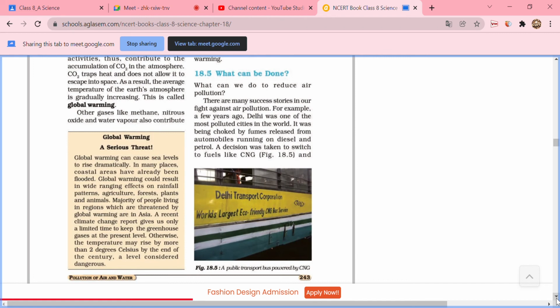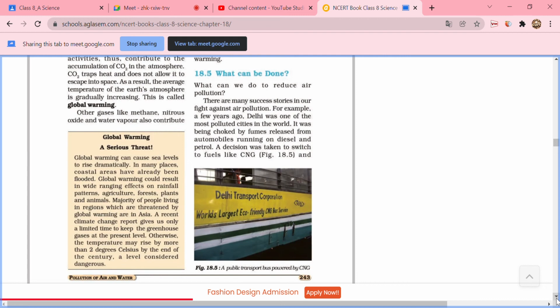Now we have seen more snowfalls are occurring in places of North America, but some places are having drought. Some places are being very much heated, so this global warming has resulted in wide ranging effects. What are they? Rainfall patterns. They have affected agriculture. They have affected forest area also, plants and animals, that is the flora and fauna of a particular area. Okay, this is clear. Now continue.